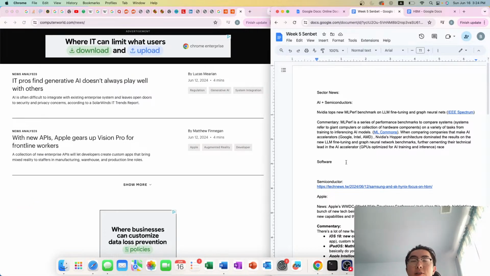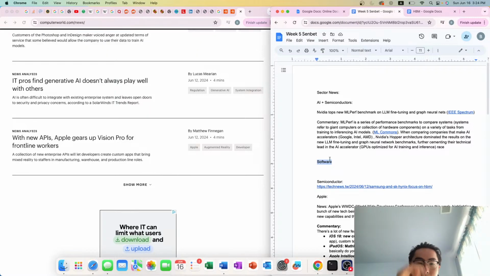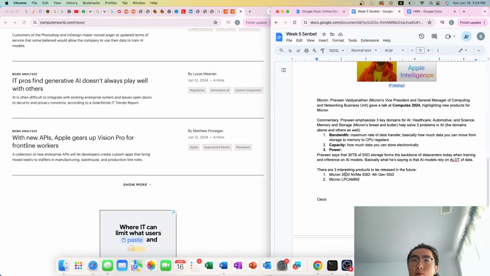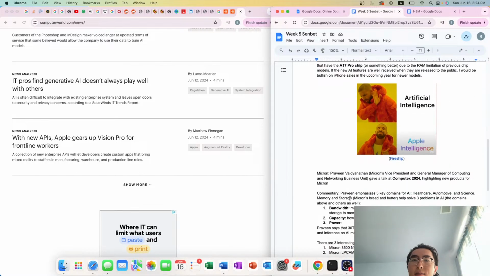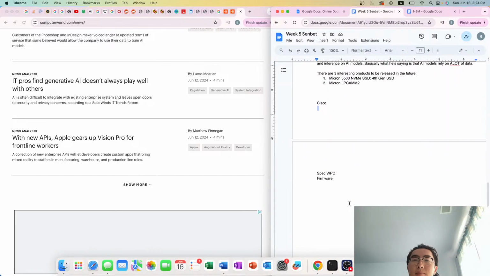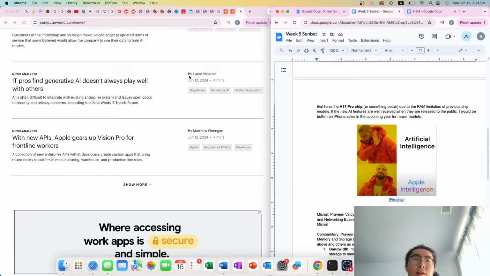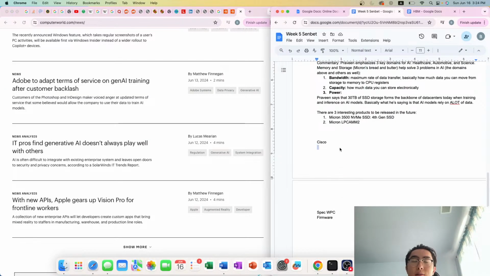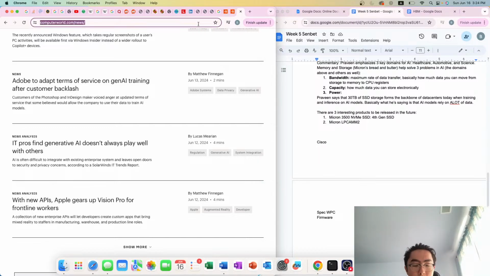Wait, so maybe I could just combine that into one here. I might do that actually. I wonder if there's anything I want to add for software. Probably not. Cisco. Let's see if there's anything for Cisco.